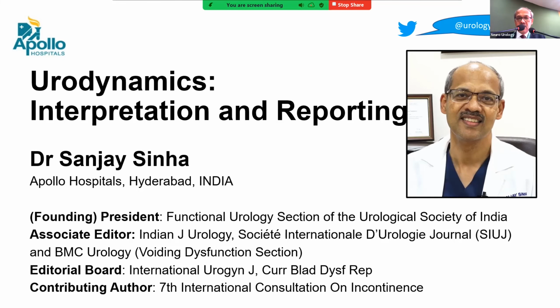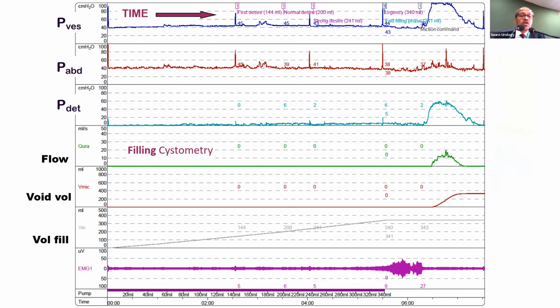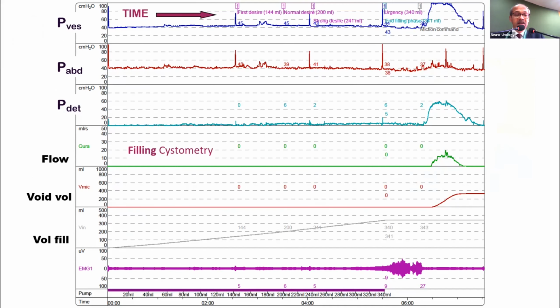If you look at a urodynamic trace, you have a timeline. This is the filling cystometry part, and the third line from the top, in bluish green, is the PDET line. In this particular adult patient, I've been a little lazy and picked up an old slide.